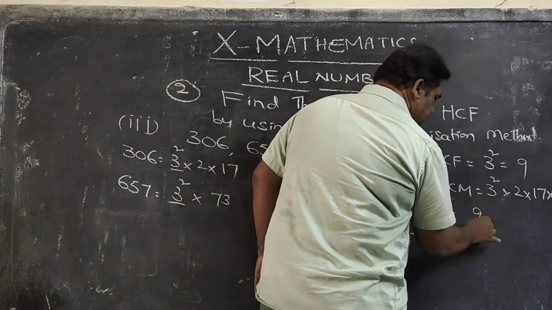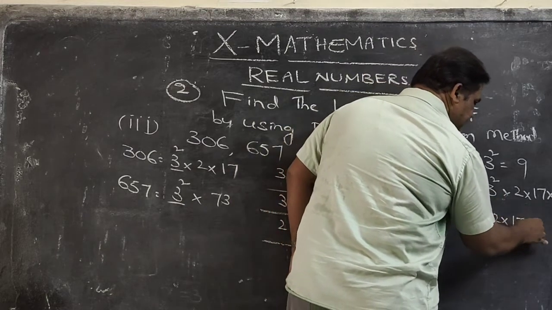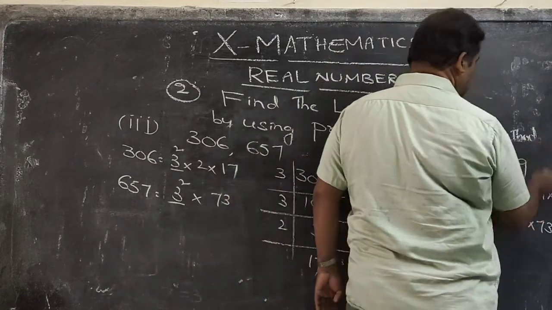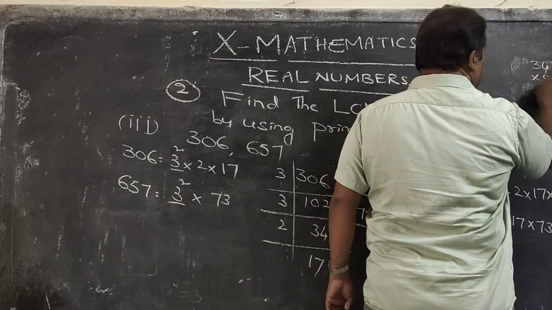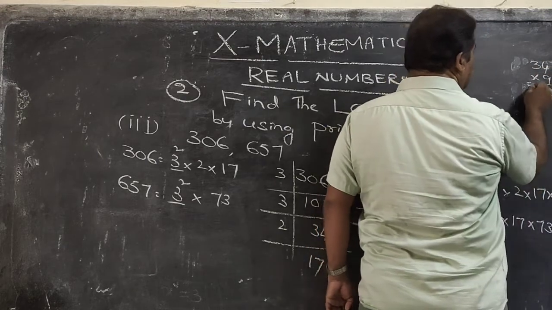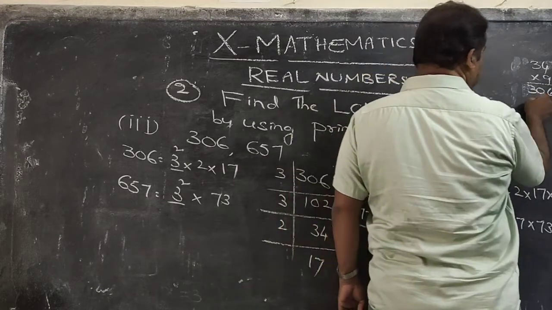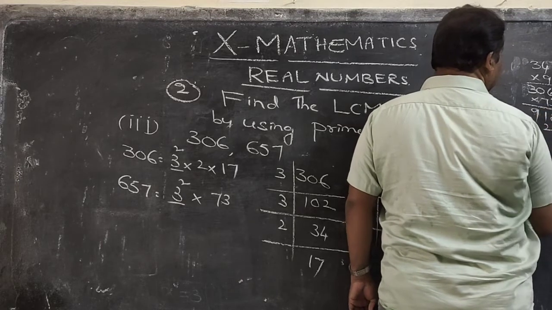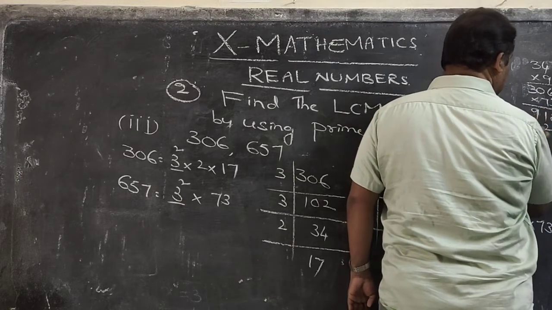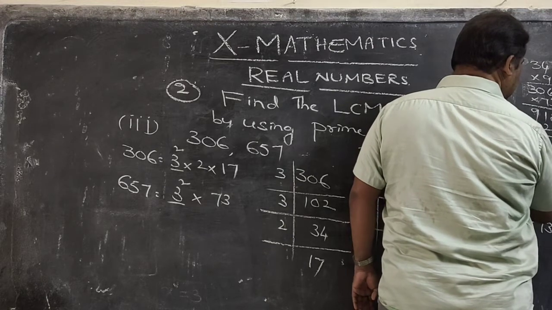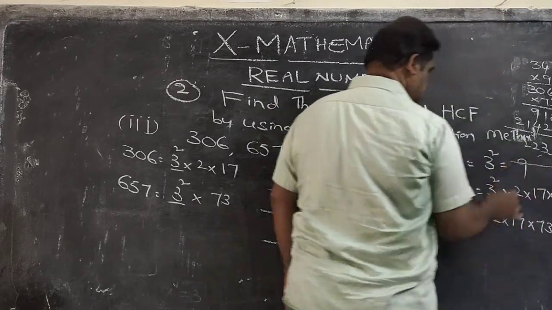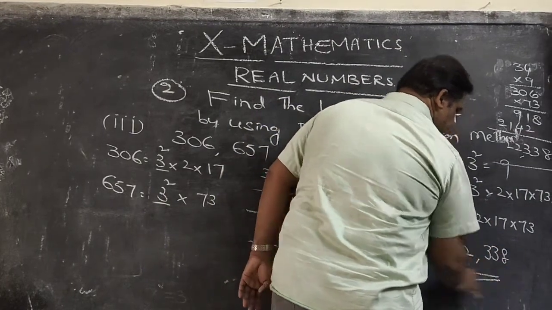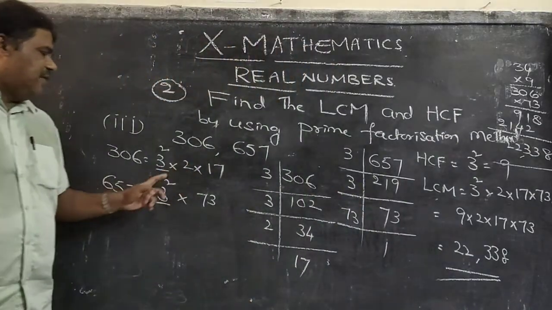So 3 square is 9, 2 into 17 into 73. 34 into 9 is 306, 306 into 73. So it is 22,338 LCM.